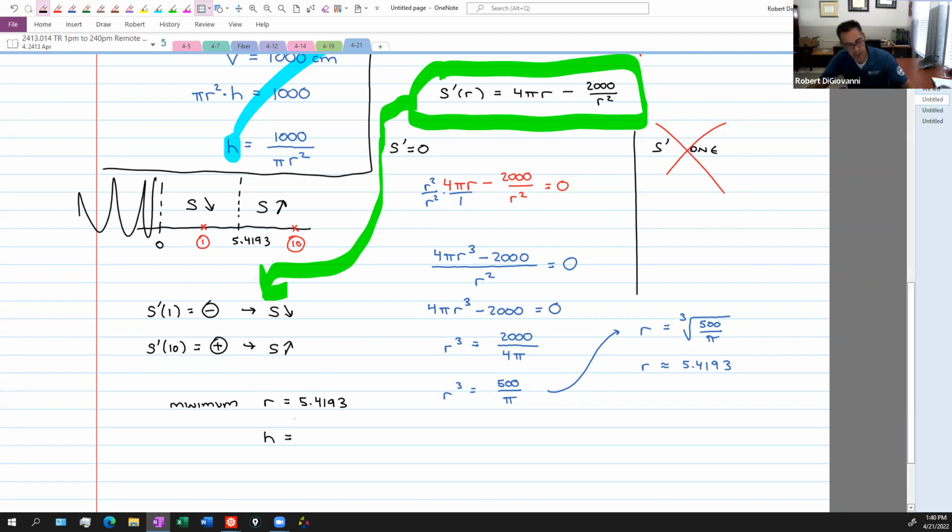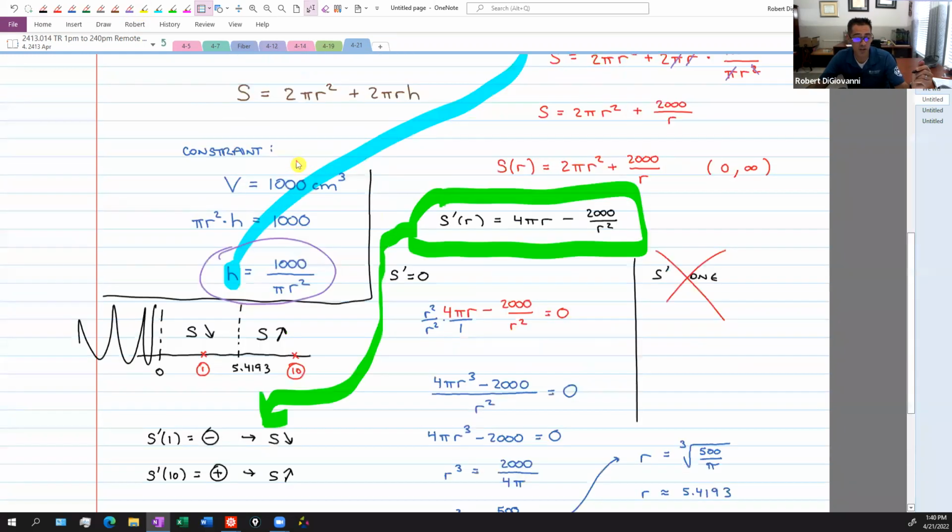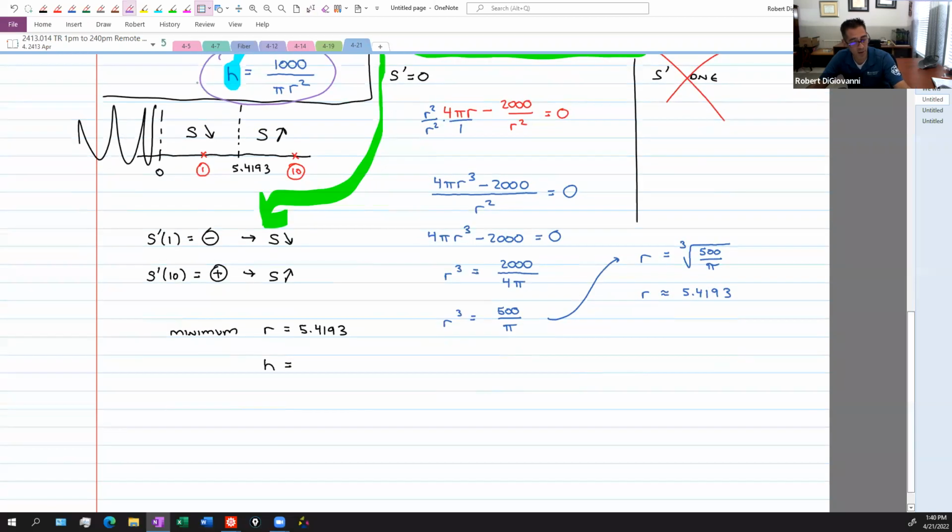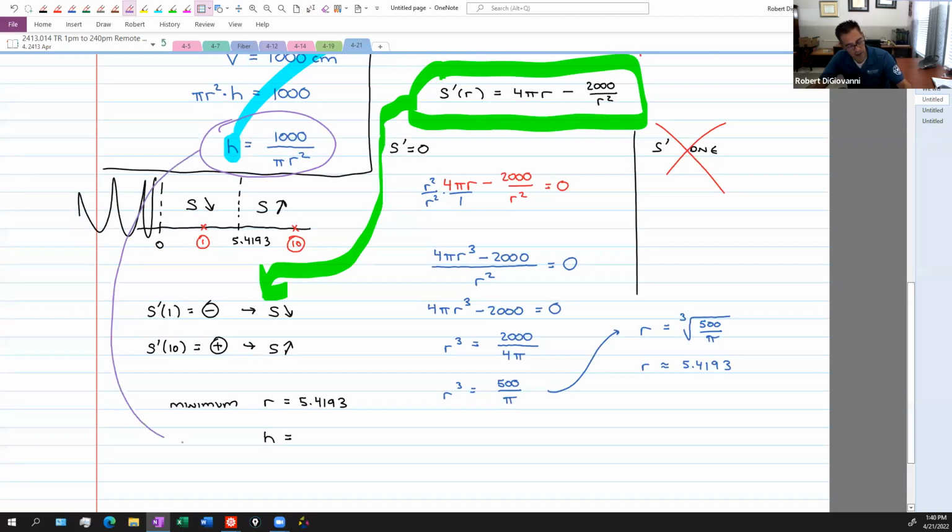Well, from our constraint, I can see my equation for height. My height will be 1000 over pi times 5.4193 squared, which is approximately, calculator time.